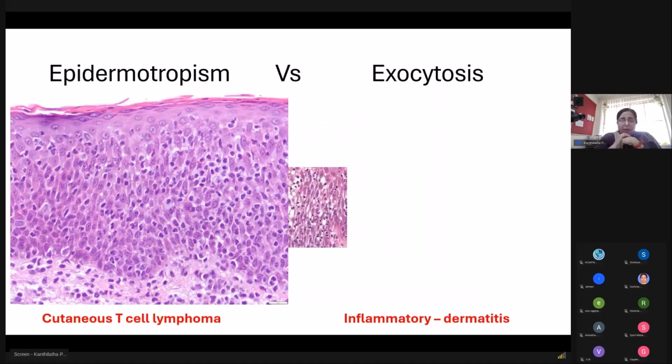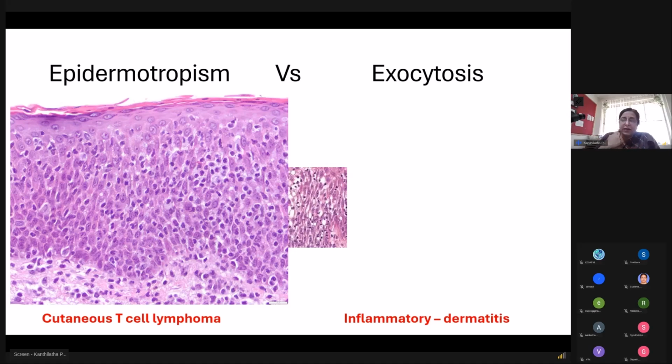Now, coming to epidermotropism, a feature of T lymphoproliferative disorder, it is very important to differentiate it from exocytosis. I don't know why the exocytosis image is hiding behind the other. Nevertheless, in T lymphoproliferative disorder, you see lymphocytes going into the epidermis surrounded by a clear halo, and you don't see that much spongiosis, which you see in the figure on the right.